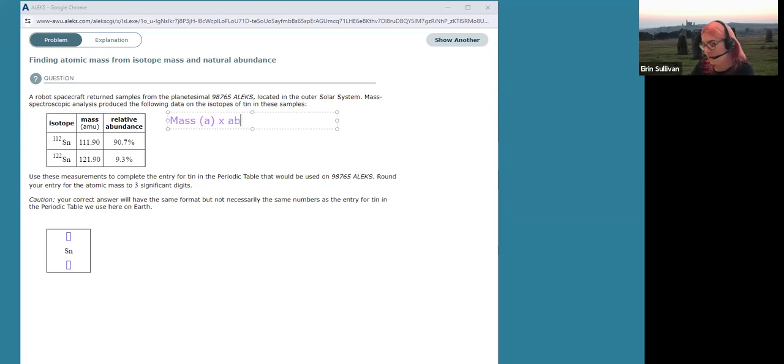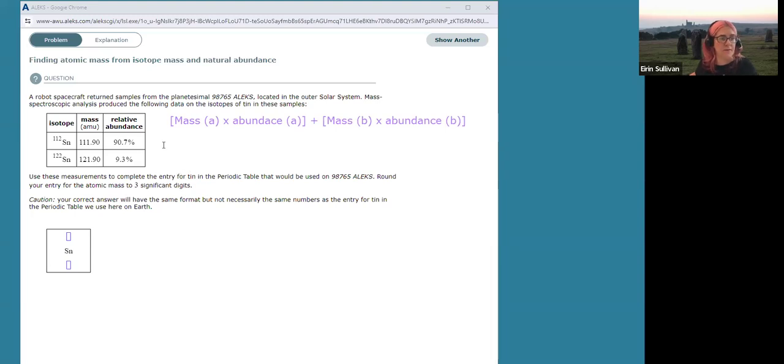Okay, so abundance of A, and then you might have to be careful with using parentheses on your calculator, and then you want to add to that the mass of isotope B, whatever that might be in AMUs, multiplied by the relative abundance, and you want to have that as a decimalized percent, okay? And that will give you your average, your weighted average atomic mass, okay?